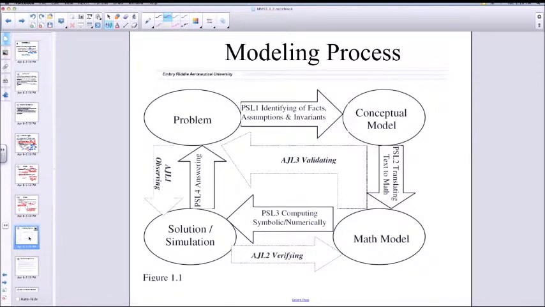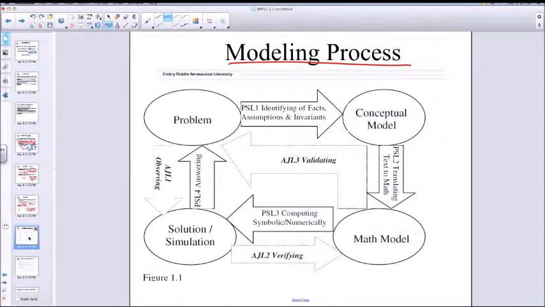Now, this procedure, we call it a modeling process. We learned in the first lesson. And I just briefly remind you, this is made by 2 loops. The first loop is the problem solving loop.